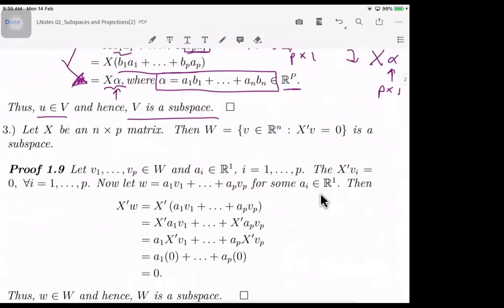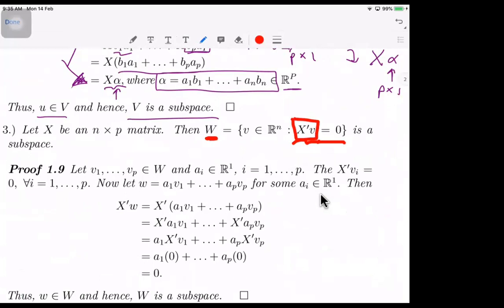Next, we show that any set, say W, of this form, which is equal to the vectors v such that X prime v equals 0, is also a subspace. So this W is a subspace. Let us say V here is n by 1, and X here is n by p.